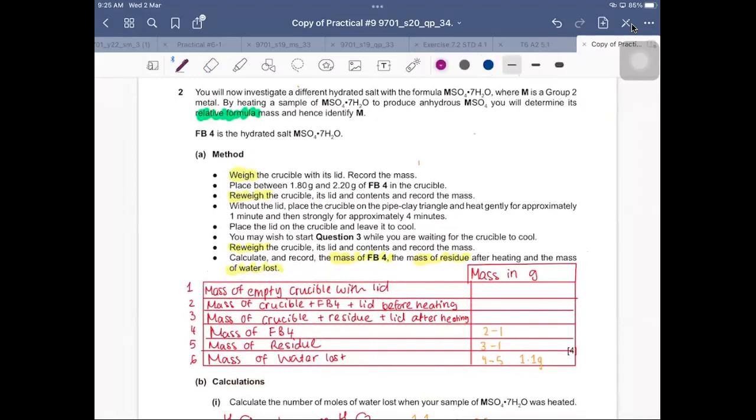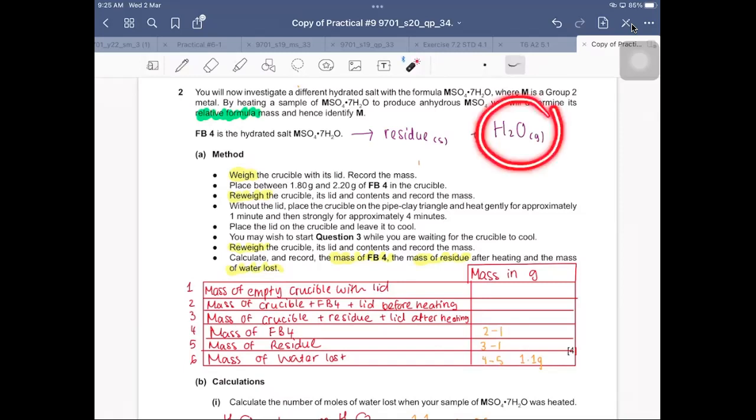That means when I heat my F34, it will turn into what we call a residue, which is a solid, and there will also be some gas escaping. Okay, in this case, the gas is H2O gas. So that's why you expect some mass to be lost because of the H2O gas that has been lost in this reaction.